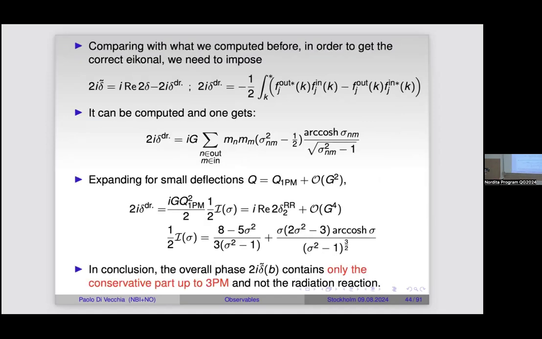And you compute this quantity here, and you discover that this quantity, which before had all the radiation, now includes all the conservative part of the radiation.